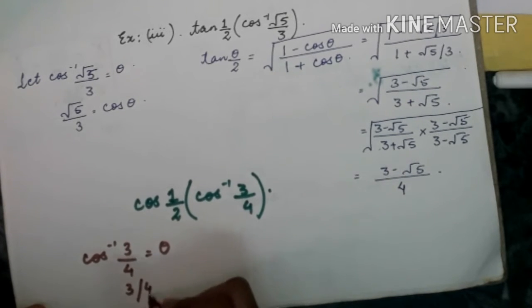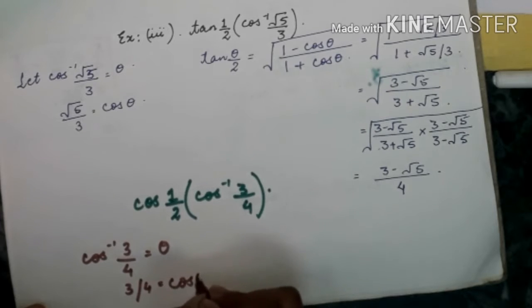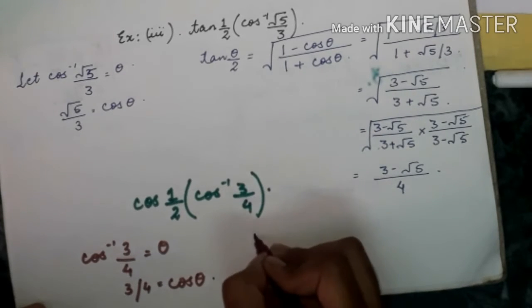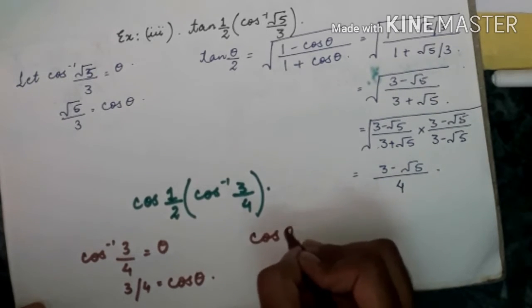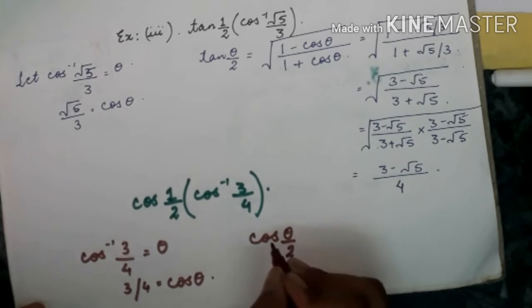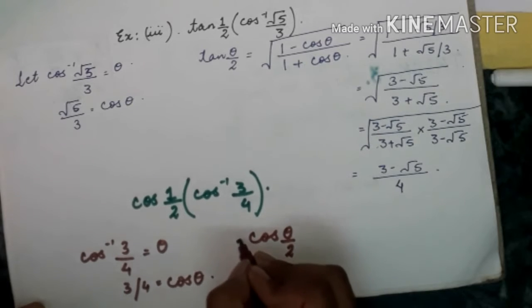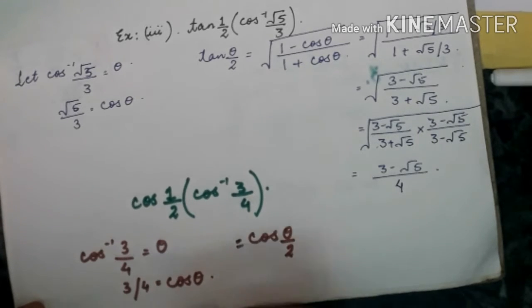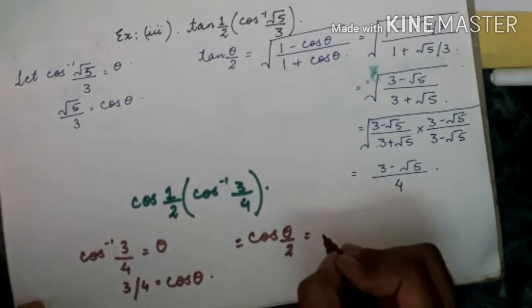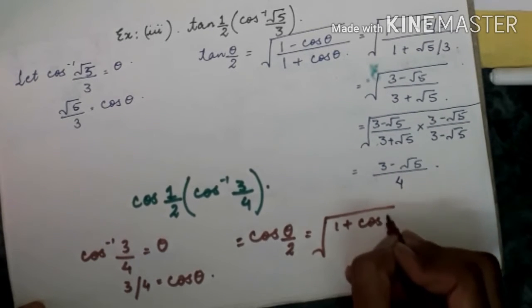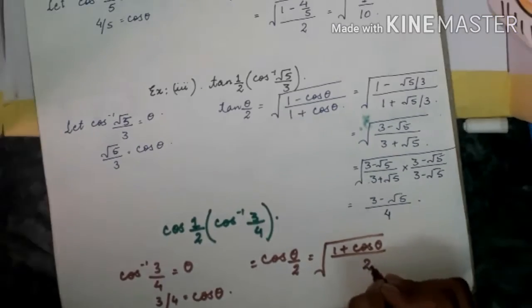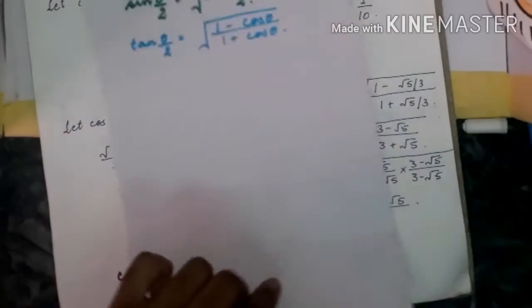So 3 by 4 is equal to cos theta. Now this question has become cos theta by 2. You have to find cos theta by 2 when cos theta is given. So here the identity is 1 plus cos theta by 2. This is the identity.